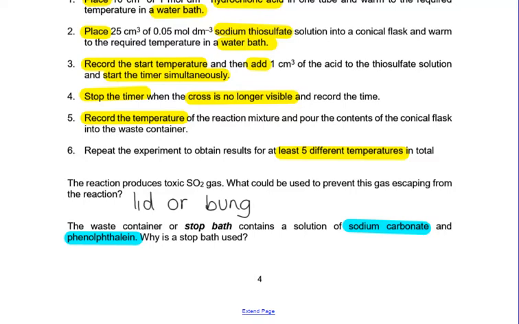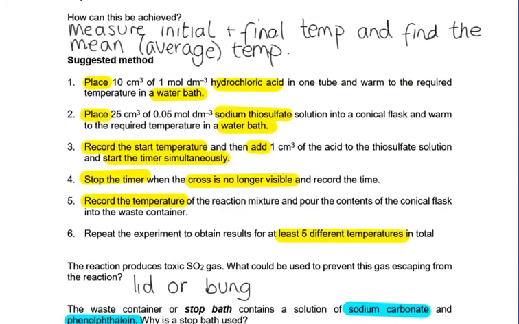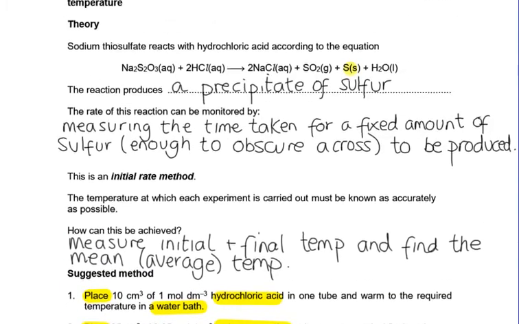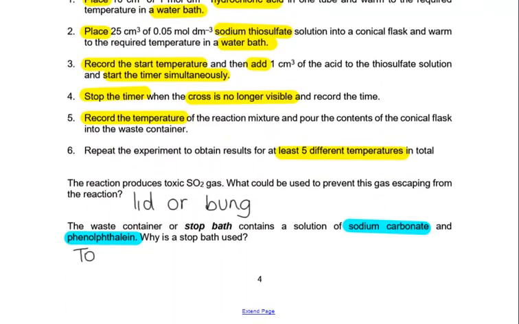So this is going to be there so that any unreacted acid and sulphur dioxide can be neutralised, because remember that we added acid in our reaction, okay? So this is going to be to neutralise acid and sulphur dioxide. We don't want to put those down the sink, and that's why we're going to have that there.